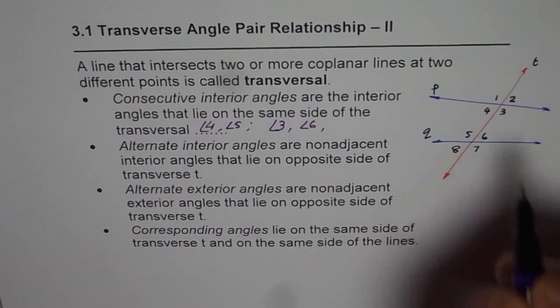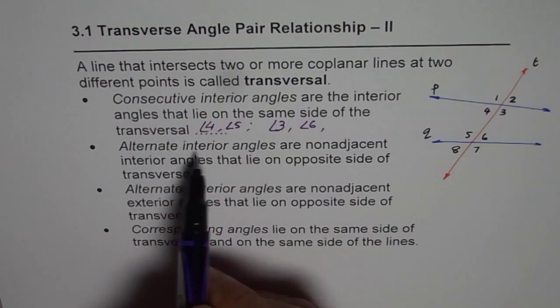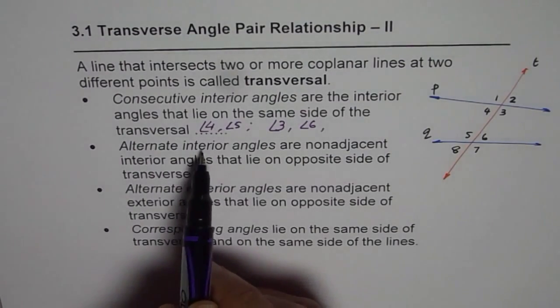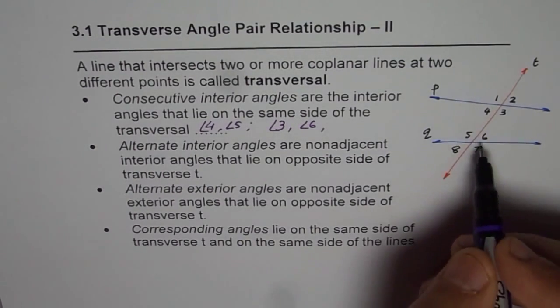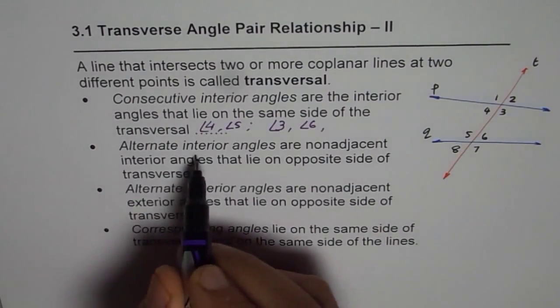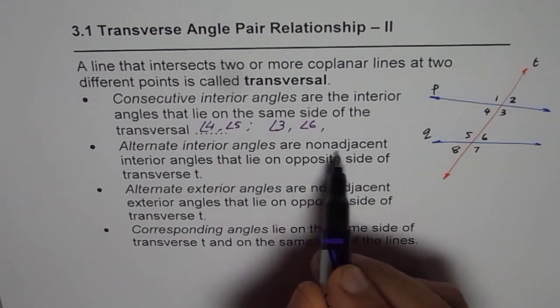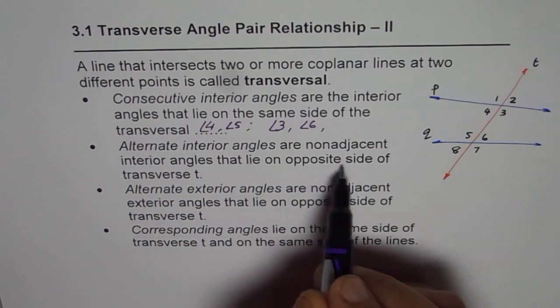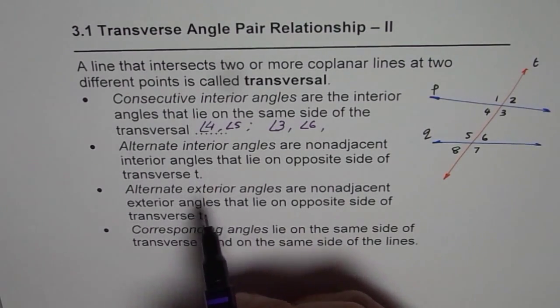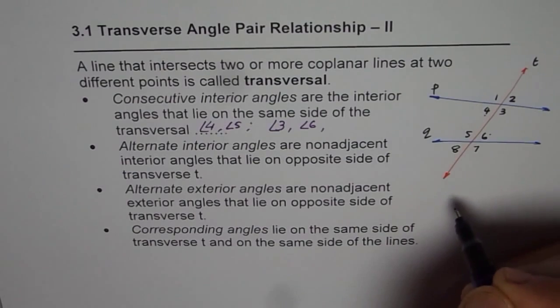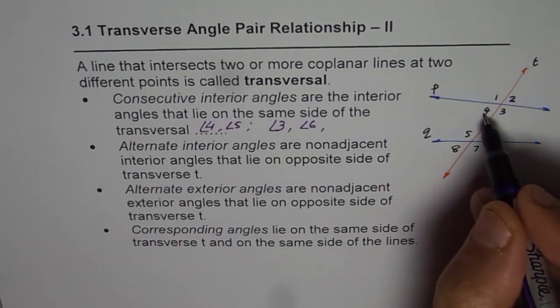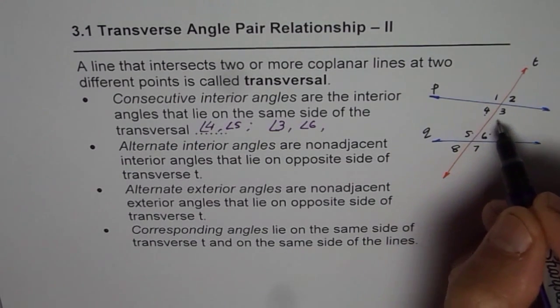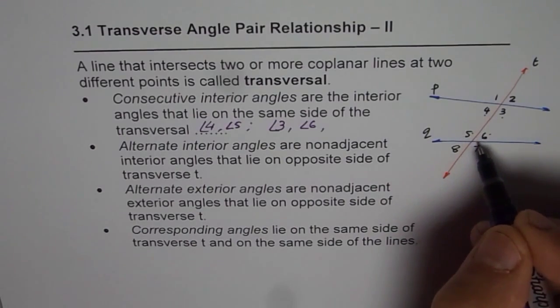The next term which we need to understand is alternate interior angles. Alternate and interior means they are within these four. Alternate means non-adjacent interior angles that lie on opposite sides of the transversal. Opposite means kind of like this. Do you see that? That becomes alternate. Or 5 and 3. They are all interior angles.